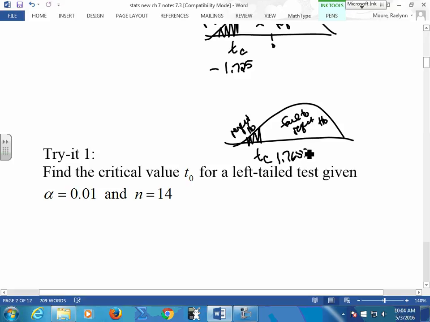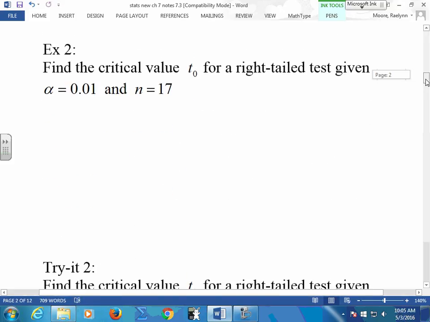So since it's on the left, what do I have to do to it? Make it negative. Oh, sorry. Make it negative. It's on the left-hand side. This part's the real easy part.